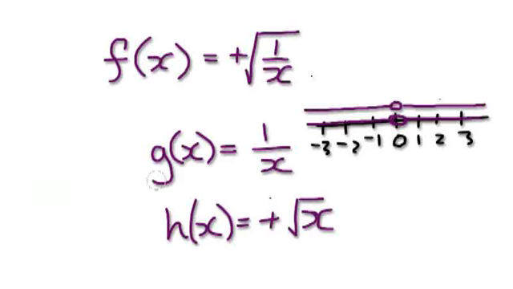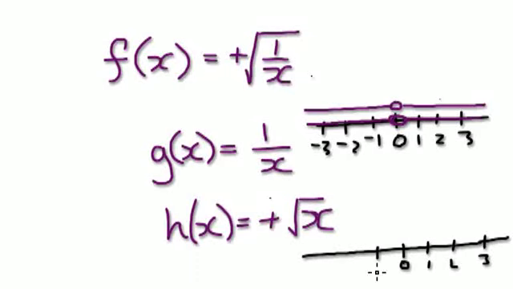The domain for this function here could be anything but not a negative. So if you look at the number line for this one here, let's say 0 here, 1, 2, 3, and then here you've got -1, -2, -3.